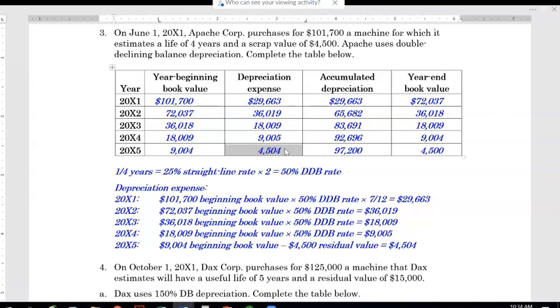We go straight calculation, 9,400 beginning book value minus final salvage value for year 5 of 4,500. We have to stop there. So this is the only thing you can depreciate. And your accumulated depreciation will be 4,900 plus 92,300, ends up to be 97.2. 97.2 minus 101,700. The book value will be 4,500, and we stop at that moment.